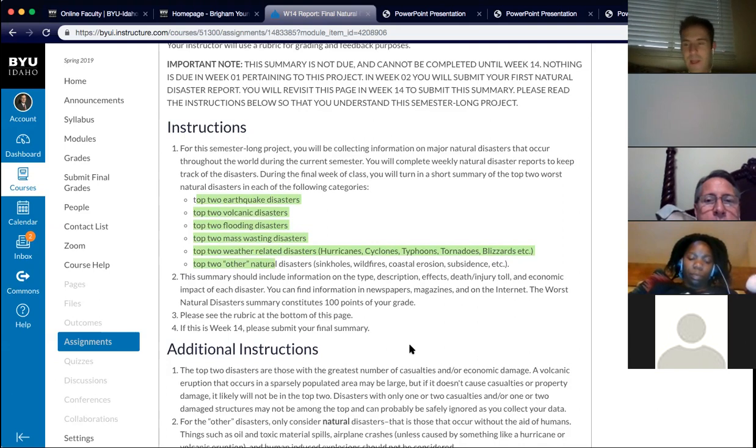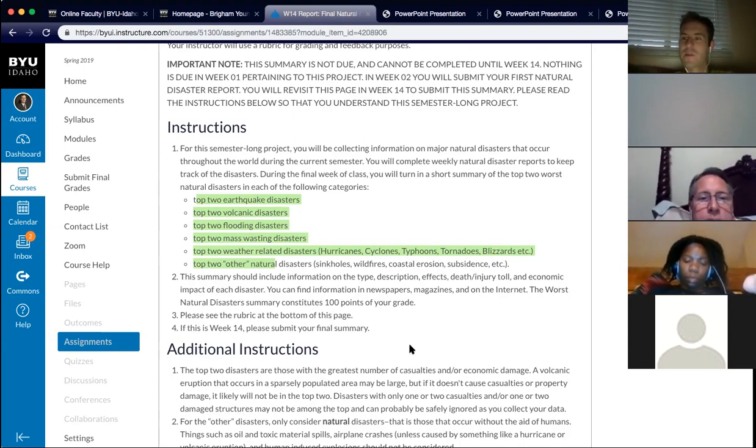And I'm lenient with that, especially since I don't really know of many volcanoes that have erupted in the last year. There is one, Kilauea, but that happened literally a year ago. So if you need to go back a few years for a couple of these, that's fine.